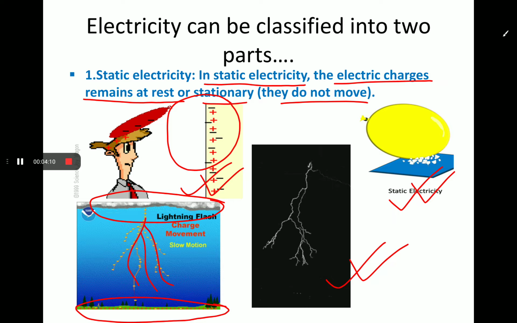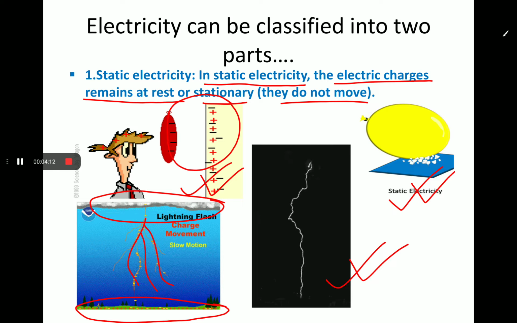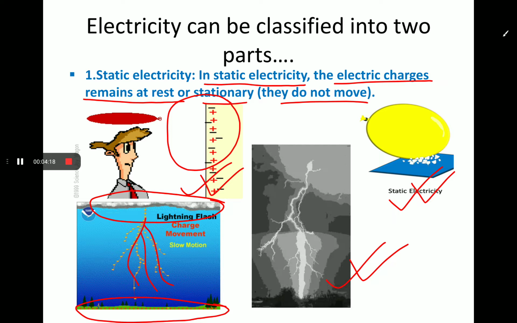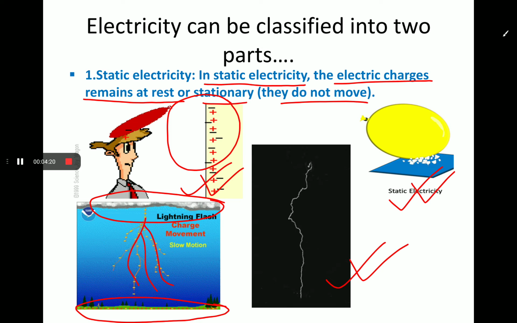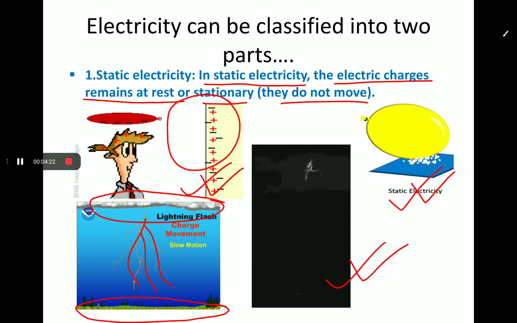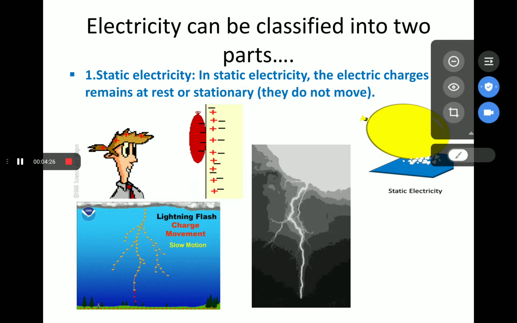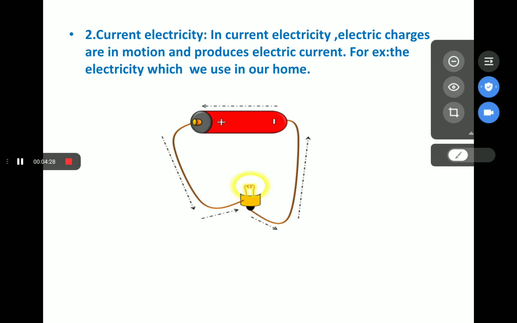That spark is known as lightning, which is an example of static electricity and a natural phenomenon. So all these are examples of static electricity. You can write it. Now in the next slide we will study the current electricity.